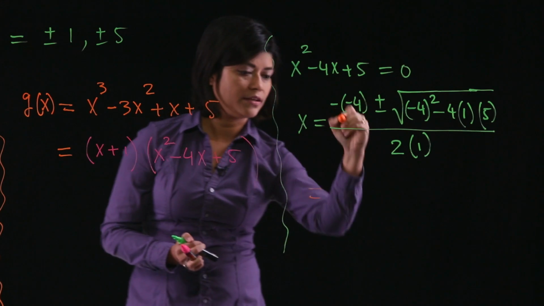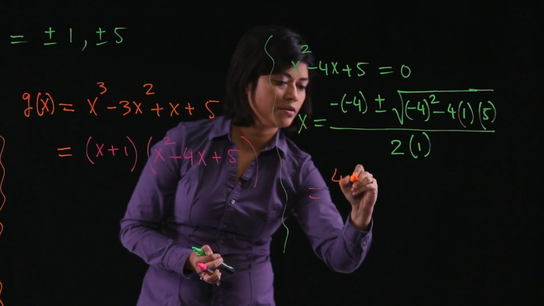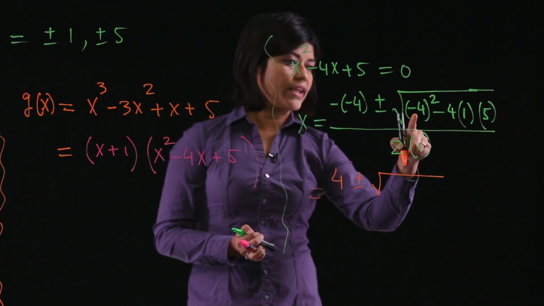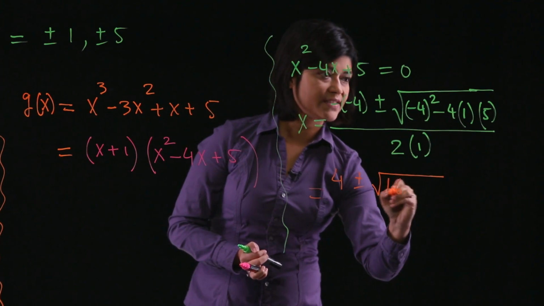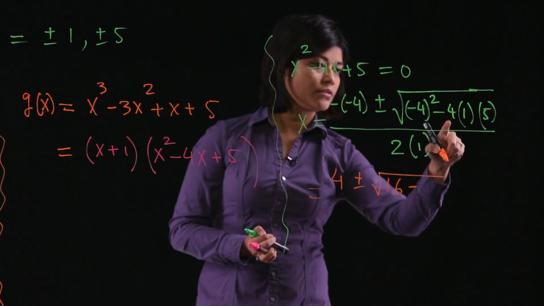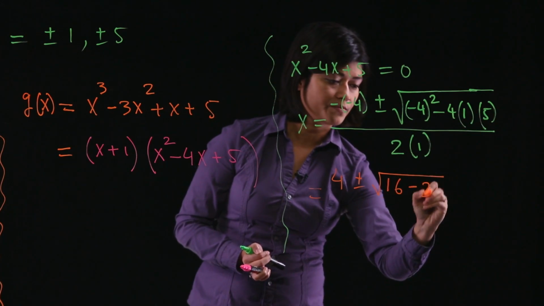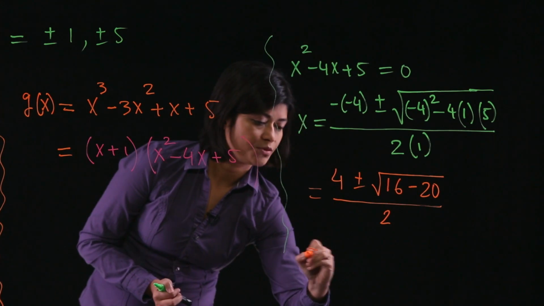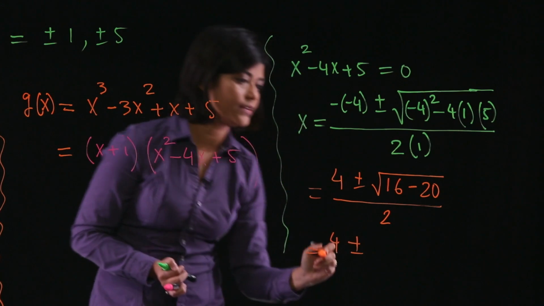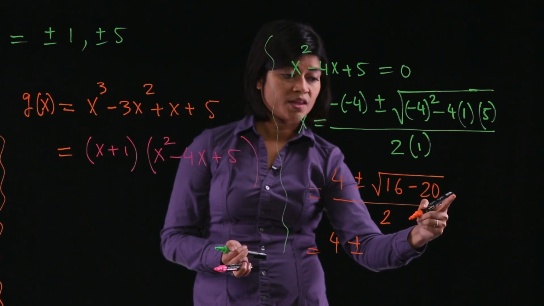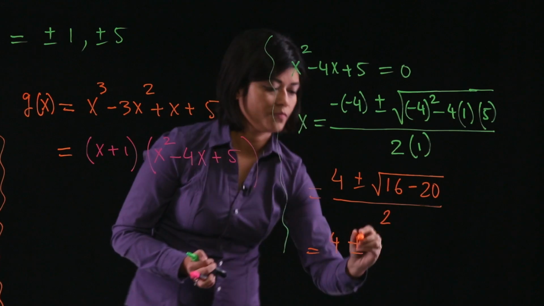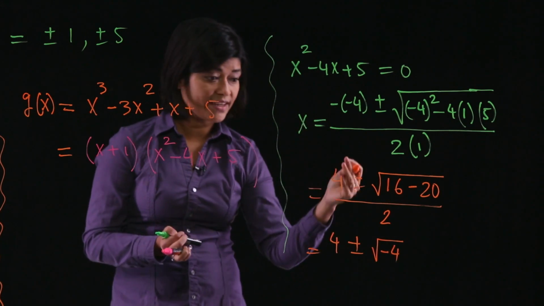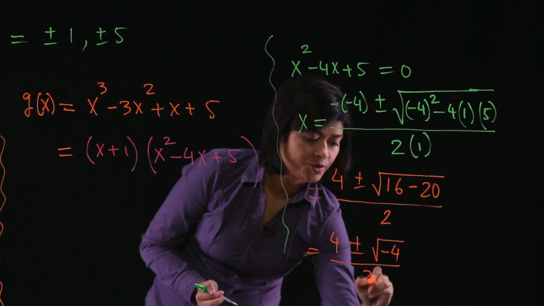So let's simplify. We have positive 4 plus or minus the square root of negative 4 squared, so that's positive 16, minus 4 times 5, that's 20, divided by 2. That's 4 plus or minus the square root of 16 minus 20, so that's negative 4, and that negative 4 is inside the square root, divided by 2.